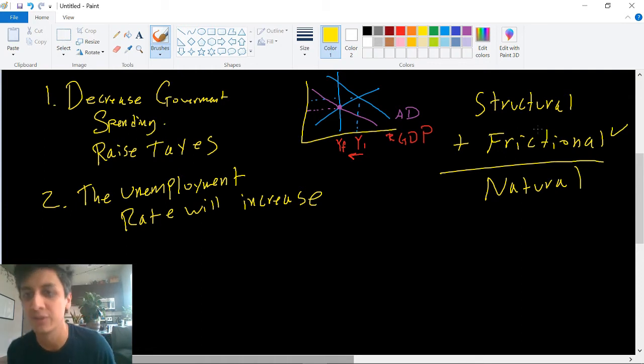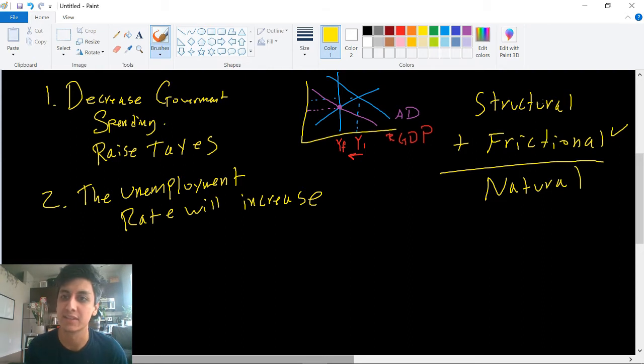There's no real way to get rid of this. And in terms of structural, this has to do with innovation, technological innovation. The only way to stop this type of unemployment is to stop all technological advancements. So there is no way to stop these.